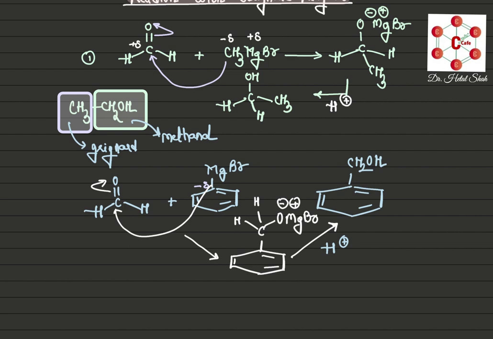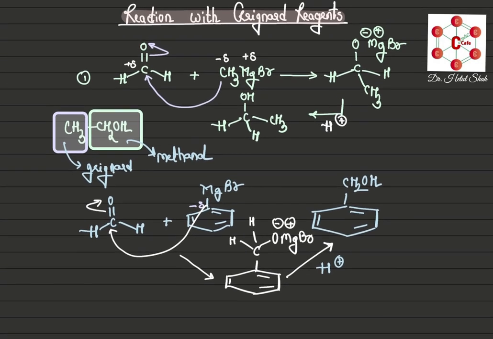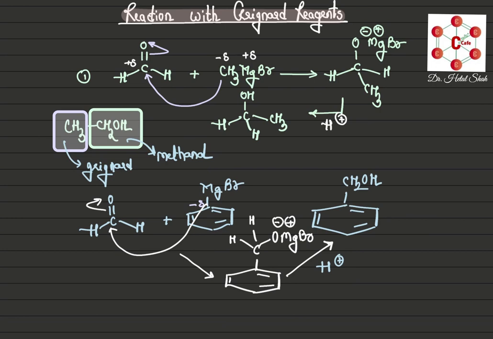Good? All right. So this was one. So what do you come to know about it? You say that if you want to get a primary alcohol, you have to take methanol and react it with a Grignard.